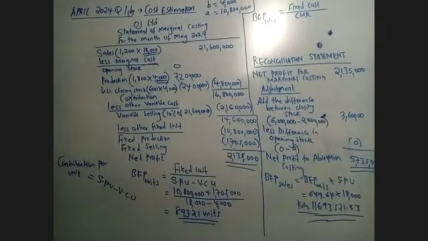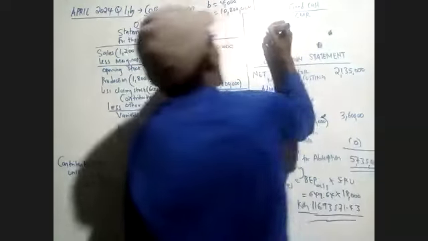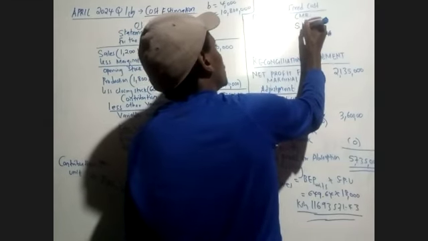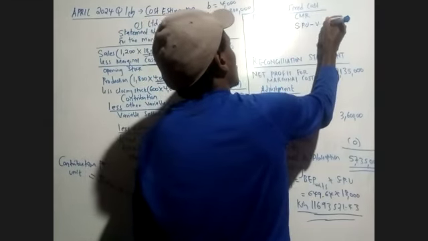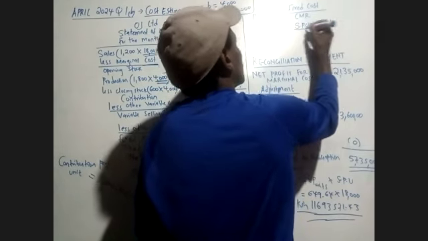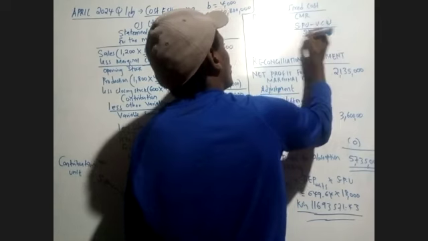Now, how do we get contribution margin ratio? Contribution margin ratio is equals to selling price per unit minus variable cost per unit, you divide it with selling price per unit.